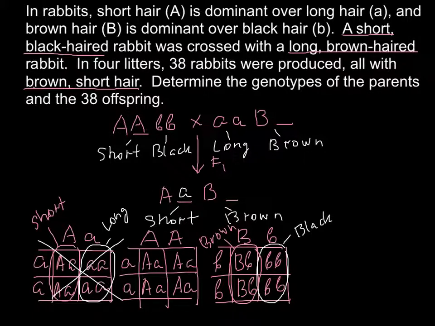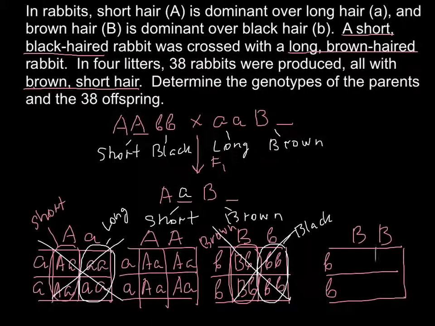And we were told that all 38 rabbits in the 4 litters are brown, but if this parent were heterozygous, we would expect 50% of the offspring to be black. So we also have to eliminate this possibility, and let's consider that this parent is homozygous dominant, so capital B on top, and small b here on the side for the second parent.